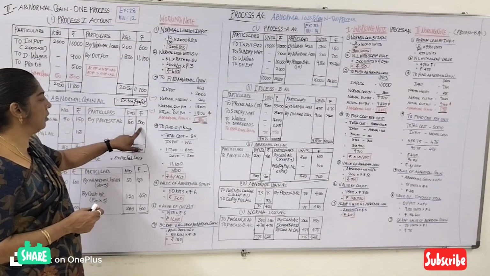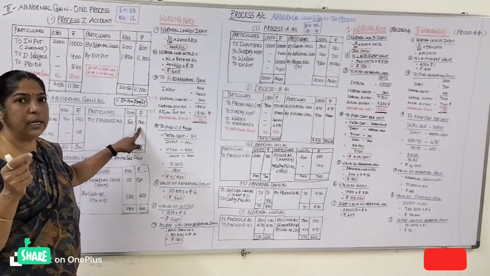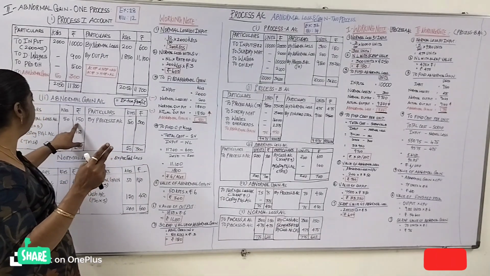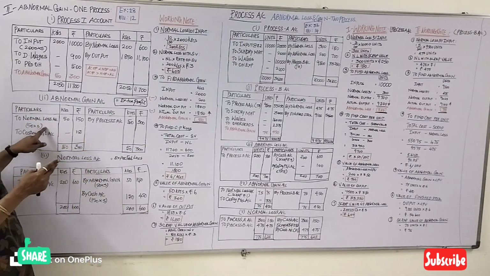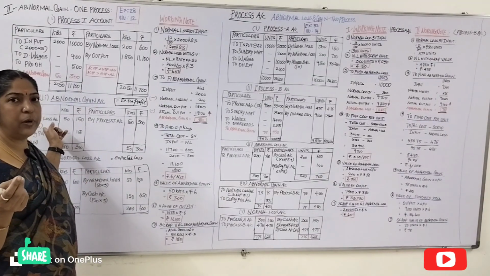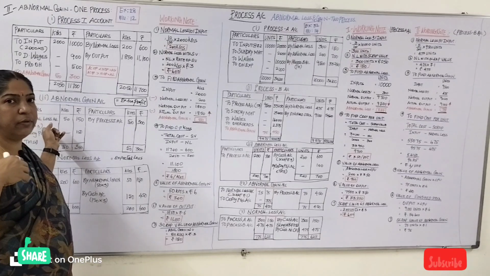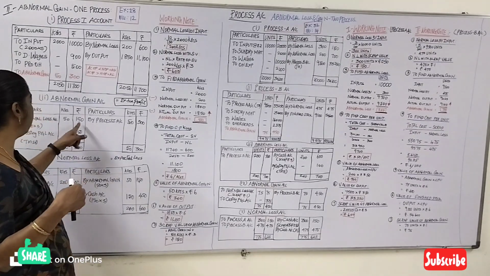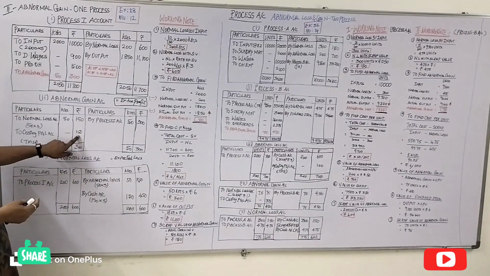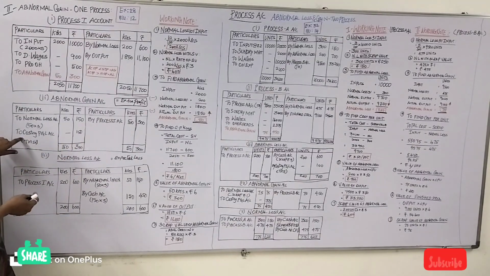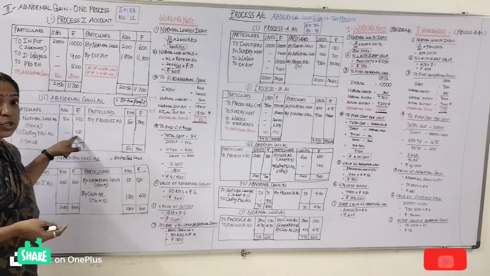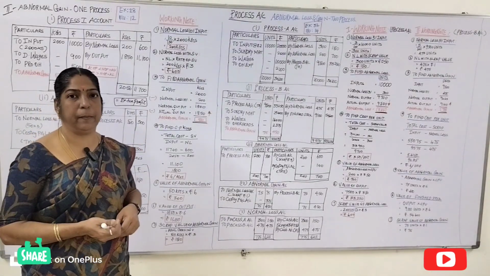Because I said that the 300 rupees abnormal gain is divided into 2 parts. One part, 150 rupees, you got through selling, through scrap value; you received the cash. Got it? And the other 150 rupees goes to the costing profit and loss account. Why? Because it is the real profit.